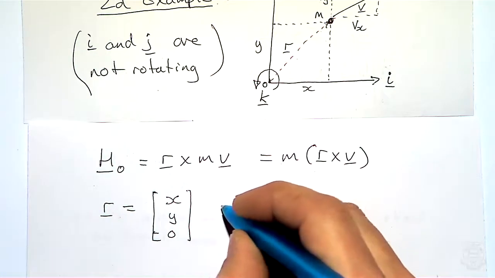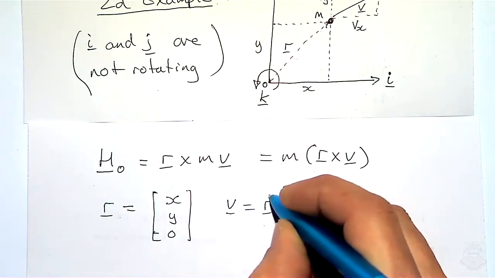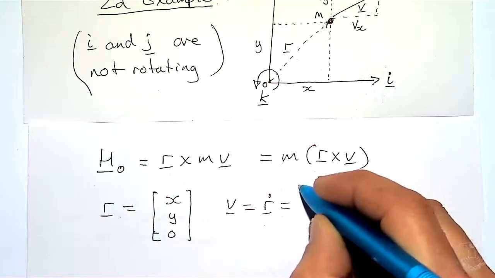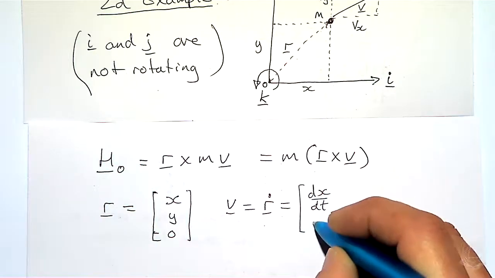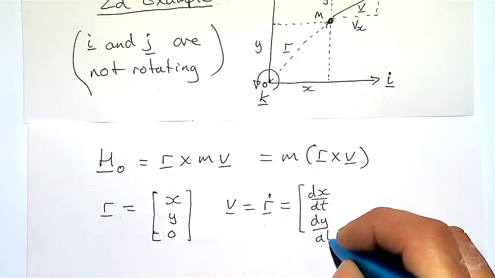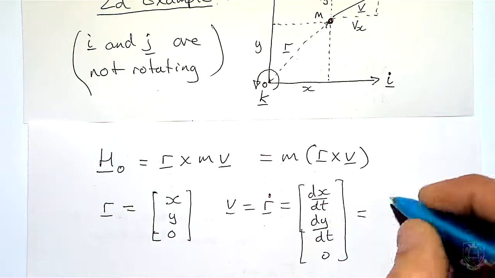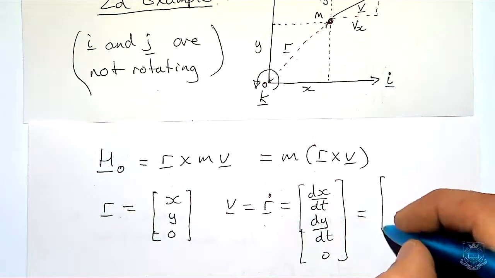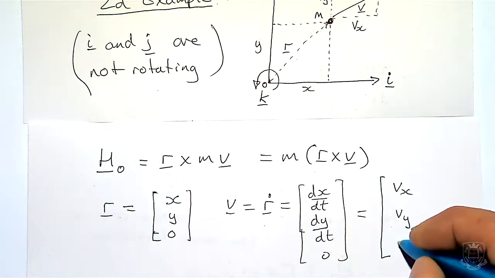Then v is equal to r dot, which is equal to dx by dt, dy by dt, and 0. As we've already labelled them in the diagram, we're going to call those components vx, vy, and 0.